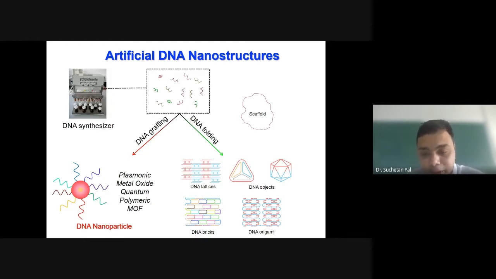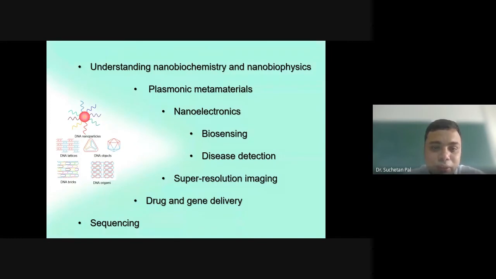If you don't, go back to your textbook. So this forms DNA duplexes, and you can generate different DNA nano-objects whose diameter and length scale are less than 100 nanometers, right?